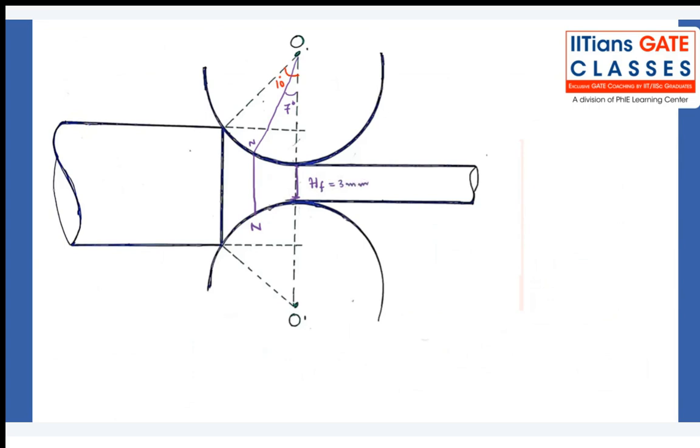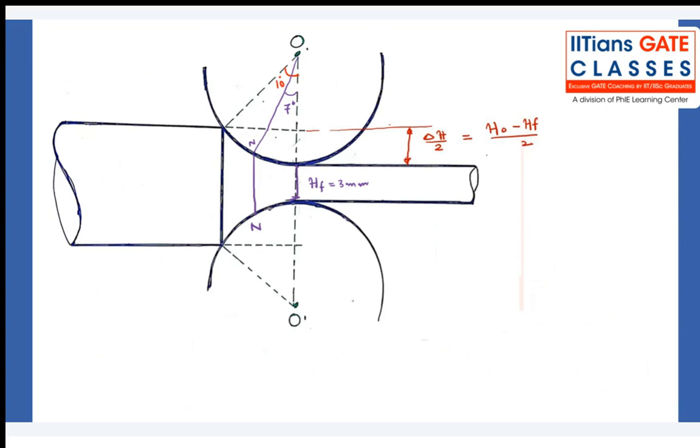Now listen carefully. However we have solved this in the class, listen carefully. This distance is delta H by 2, that is equal to H naught minus HF by 2. Clear, everybody?